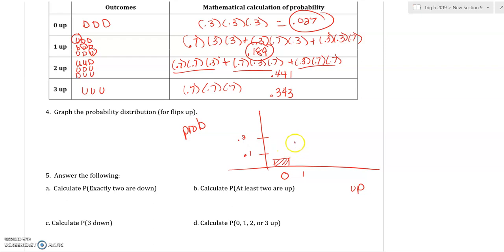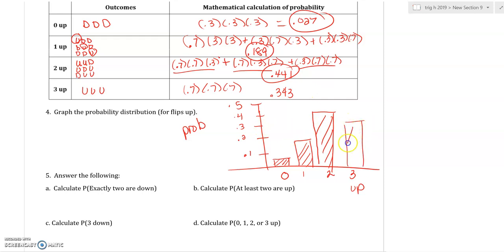So I'm kind of eyeballing it right about here. If I had 2 up, we said that was 0.441. Okay, so 0.441, that's like right about here. Or we had 3 up, and 3 up was 0.343, so that was kind of right about here. So there's our probability distribution.